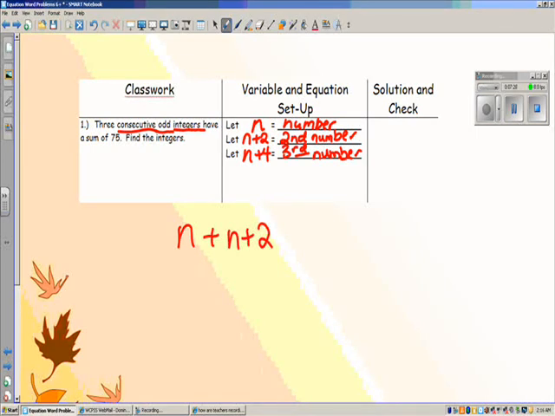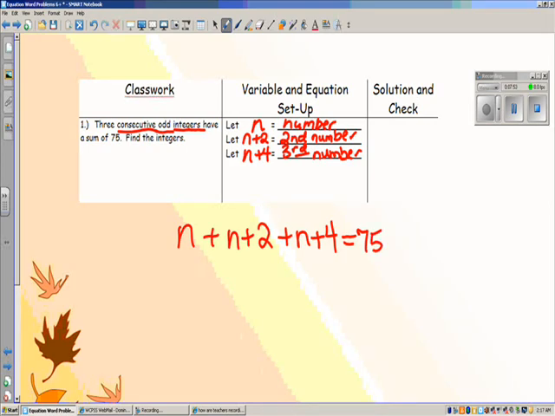Then our third number would be, can you guess? N plus 4. So this represents 3 consecutive odd integers having a sum of 75. So all of this is equal to 75.